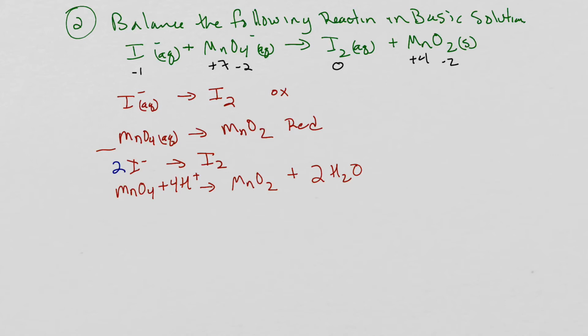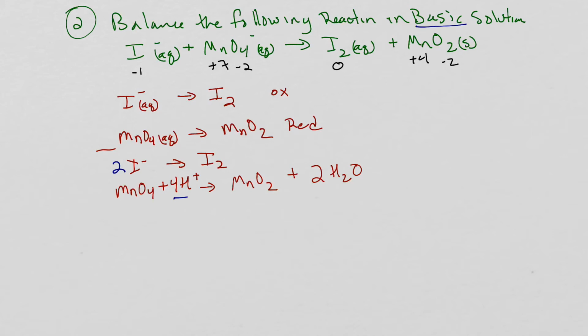So now we need to, at this point, convert it to be basic, right? In our acidic medium, we would have switched and started balancing charges. But notice the presence of the H+, the acidic. To turn it into basic, we're going to use hydroxide ion. We're going to add enough hydroxide ion to both sides to neutralize the H+ ion.